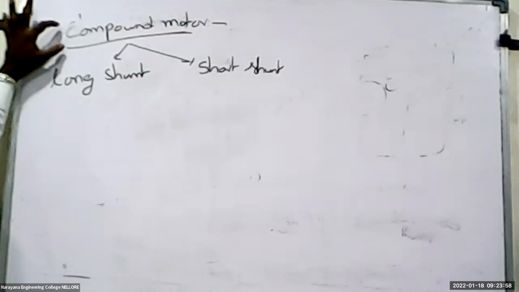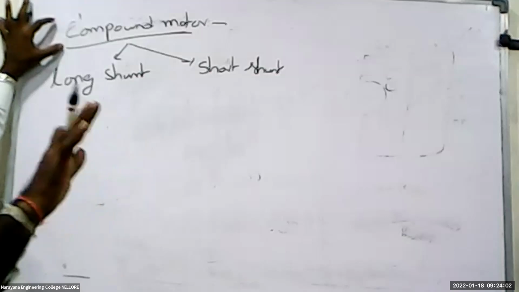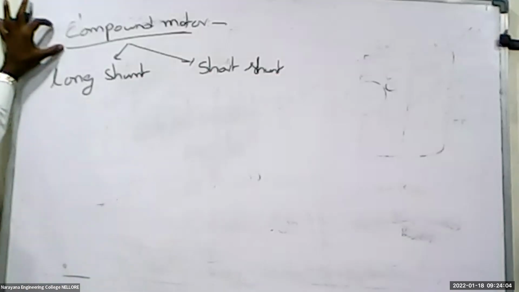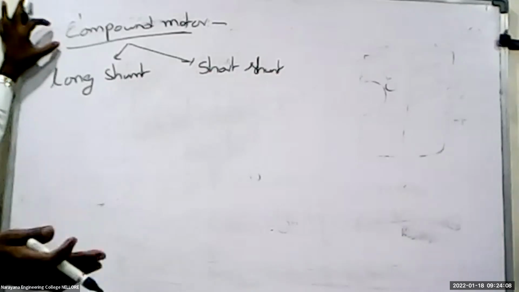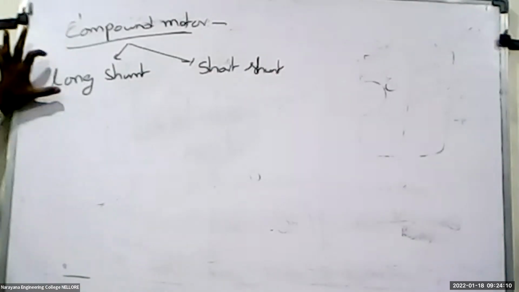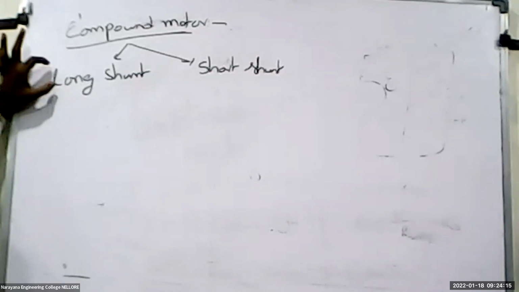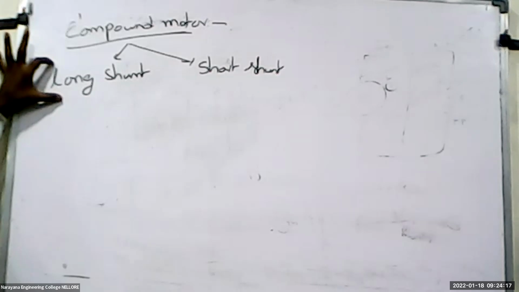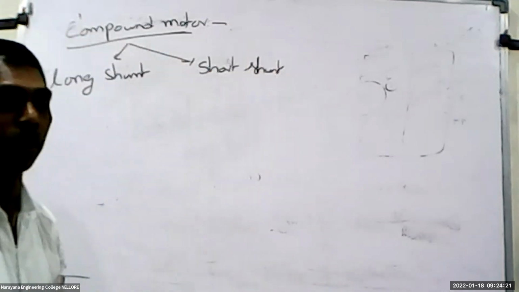So the motor consists of both series field winding and shunt field winding. Then the motor is called a compound motor. So depends upon the field winding connected to the armature, the motors are divided into two categories. First one is a long shunt compound motor. Second one is short shunt compound motor.